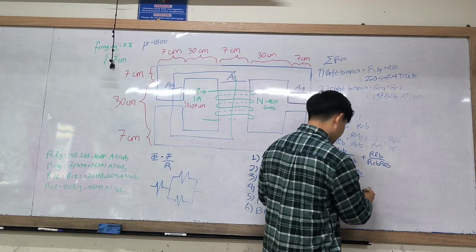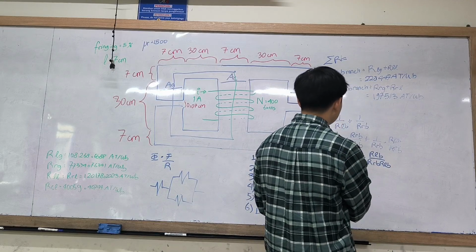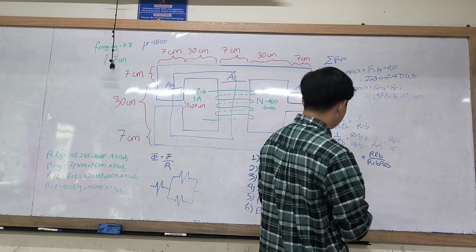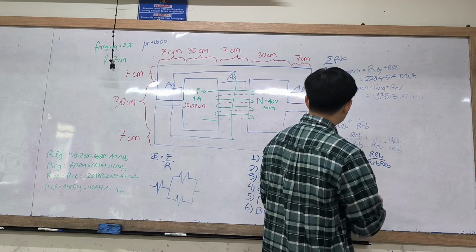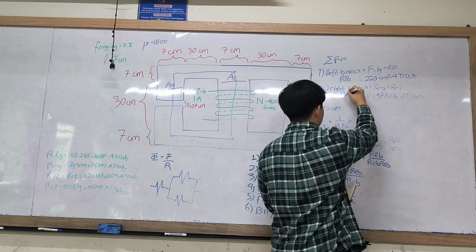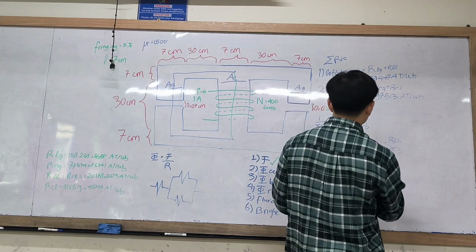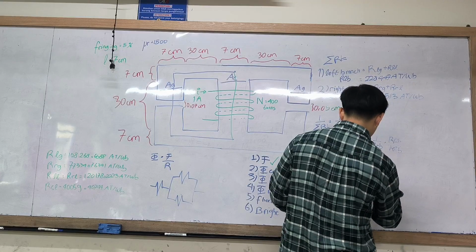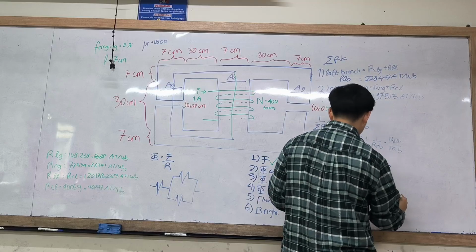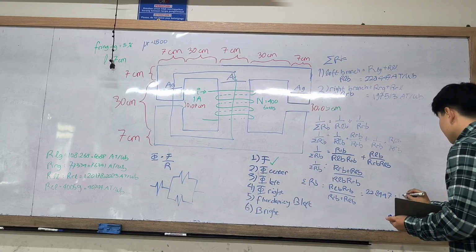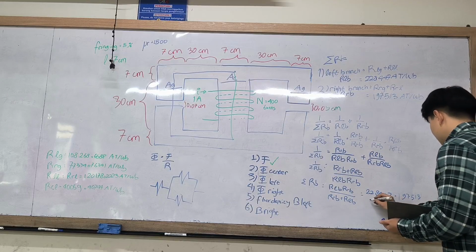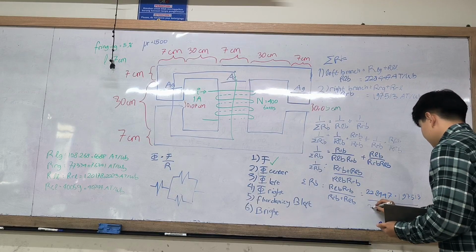Thus, the result is 228,447 multiplied by 197,513 divided by the same thing except they are added.